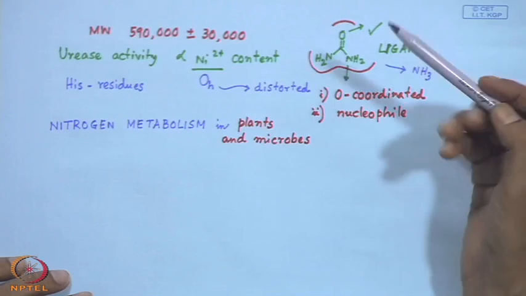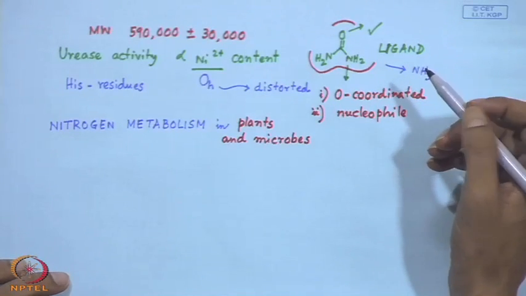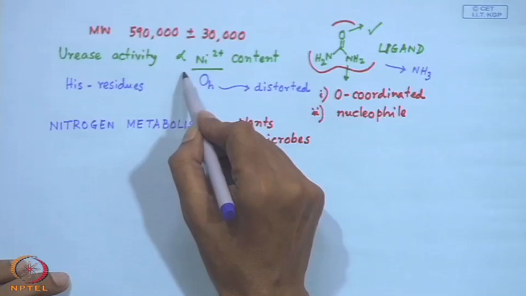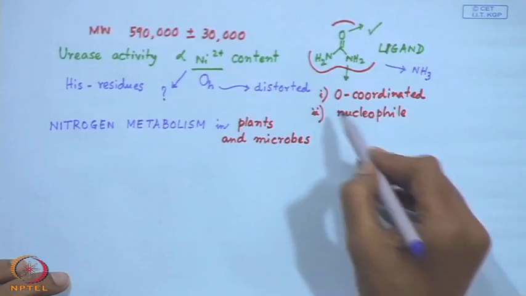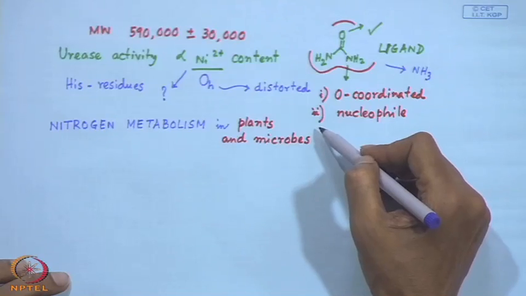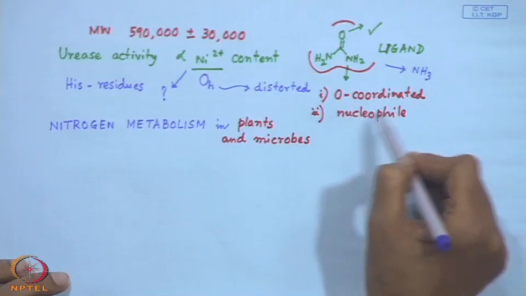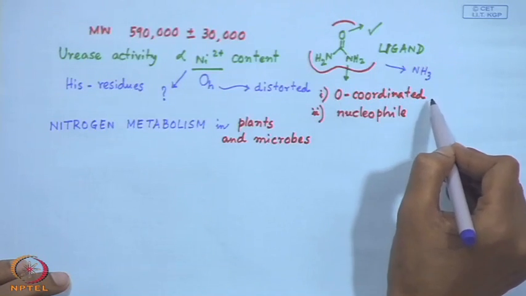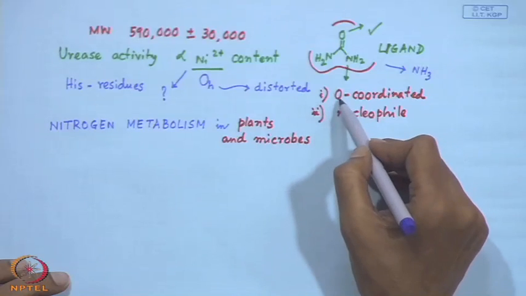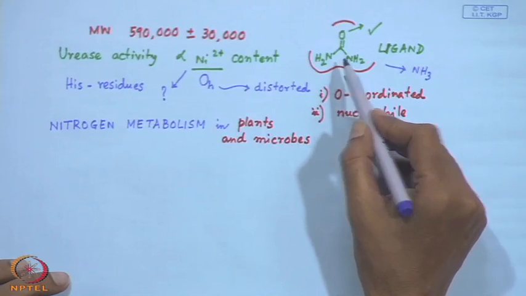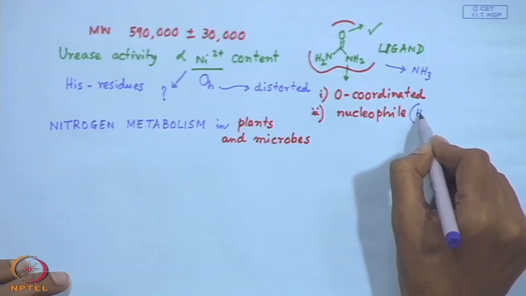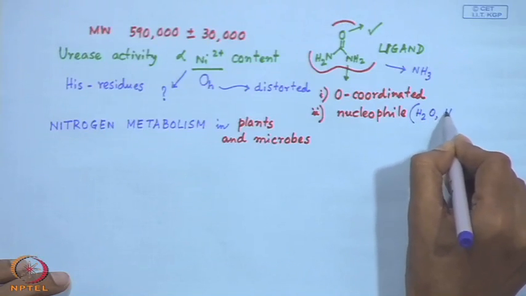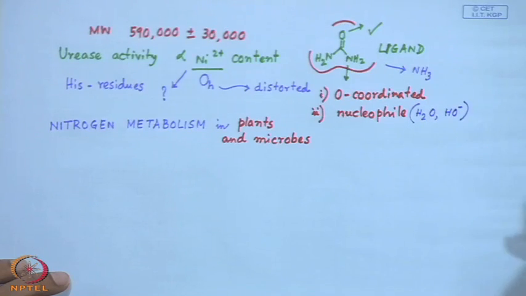This information will not tell us how many nickel centers are there within the system, but we should have some arrangement where one particular center, that means the same nickel center, can function to bind the urea molecule as well as the nucleophile, say water or hydroxide ion.